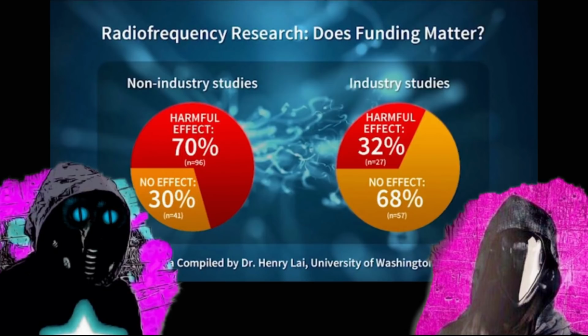So that tells you that the industry is influencing the science in order to persuade organizations like the World Health Organization, the UN, and regulatory government agencies like the FCC, all of these places that make these determinations. They're funding the science to show that there's no effects on humans, so that they can proceed with the 5G that they want.